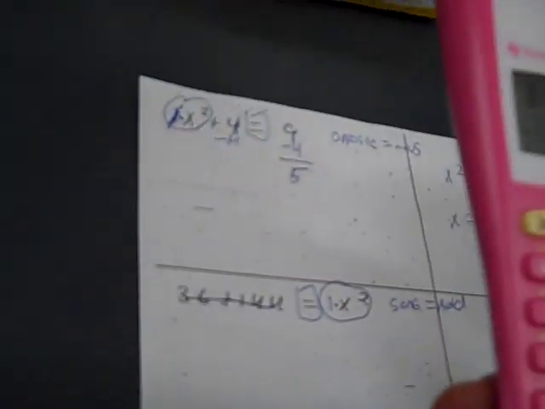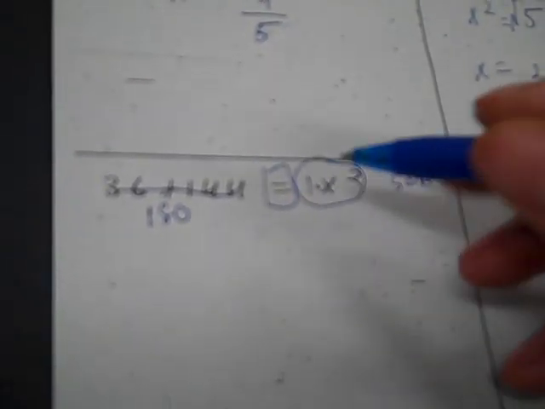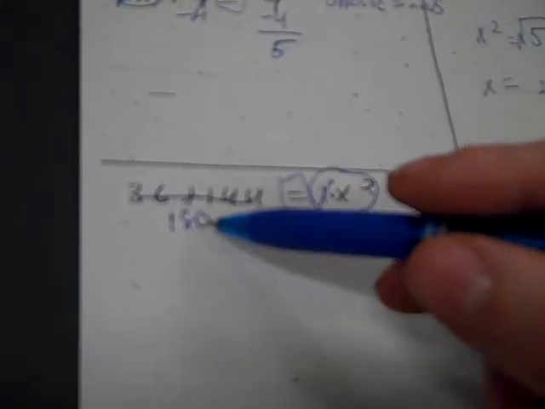and add and take 36 plus 144. That's 180. Now I do not need to divide that by 1 because it will be the same thing. As long as it's a 1, any other number, you got to divide 180 by that number. So I know 180 equals x to the second, so I put 180, and then I find the square root of 180.